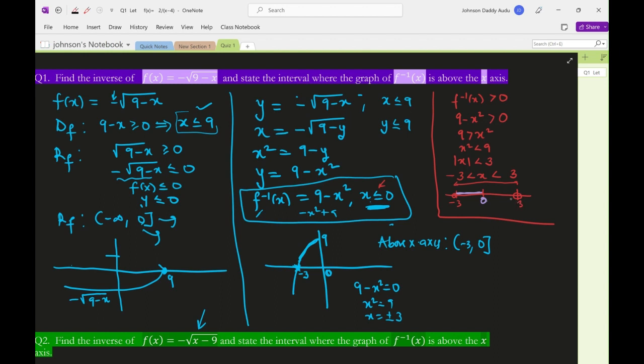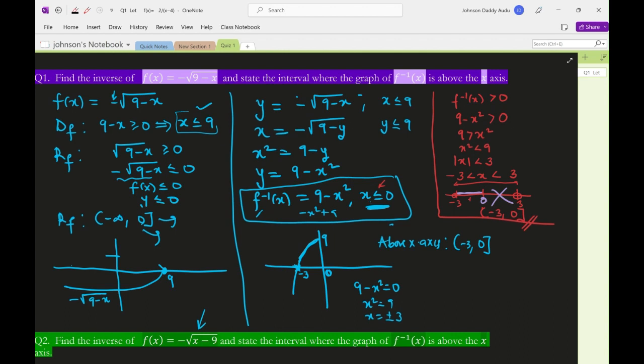We cannot consider anything from 0 to 3. So remove this part. In this case, we have just minus 3 to 0 closed. So that will be our above the x-axis. Here it's going to be plus everything, so we have minus 3 to 0.